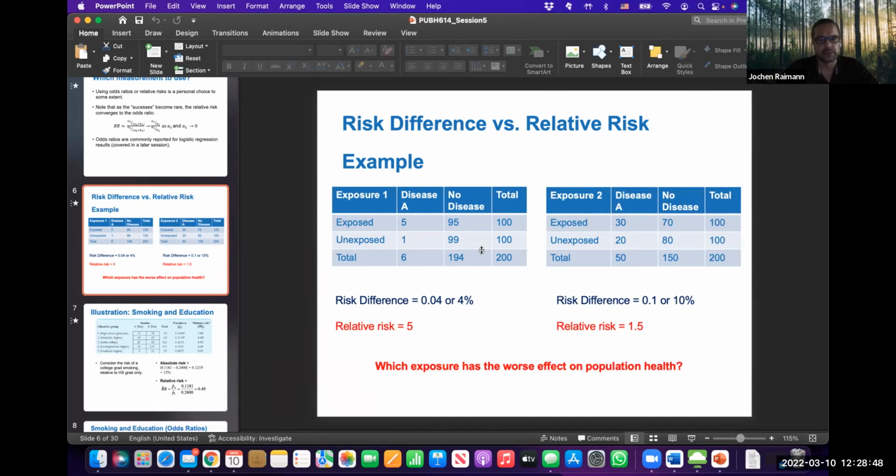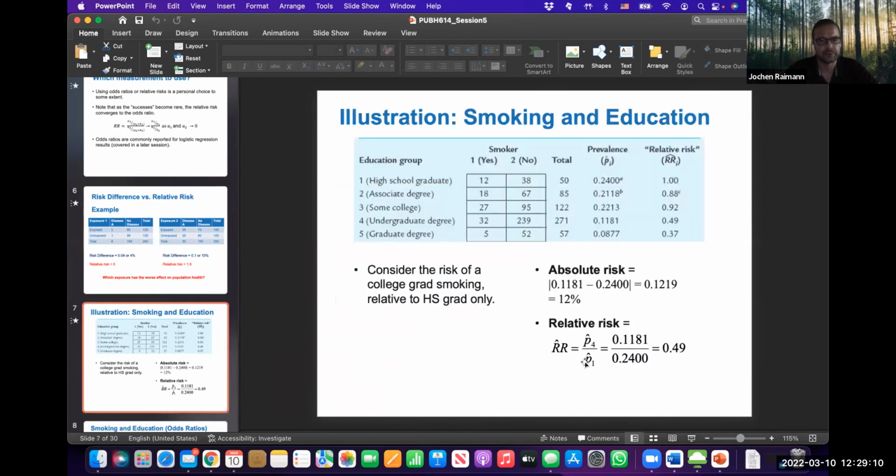The interpretation of a relative risk is that the risk in the exposed group is 5 times the risk of the unexposed group. Right. Okay. Whereas here, the risk is basically 1.5 times the risk of the unexposed group. So that's the interpretation of this. So if you illustrate this here with smoking, you're basically coming here to relative risks, right?